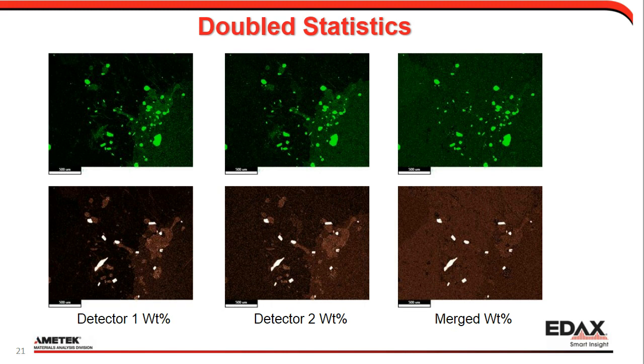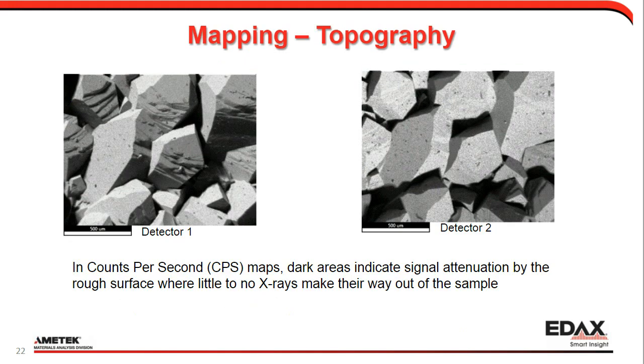The next part, however, when we get into topography, is much more difficult with a single detector versus a dual detector. Here I've taken a sample with a bunch of pretty large quartz crystals in there. So obviously this is not a flat sample in any way, shape, or form.